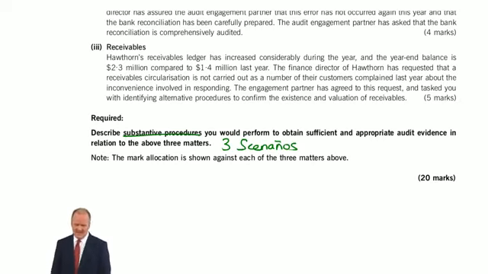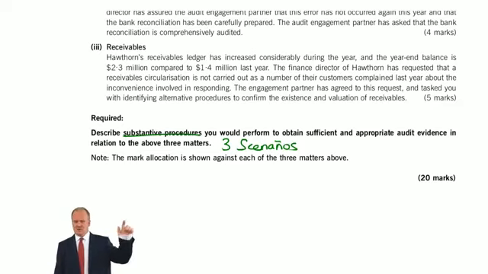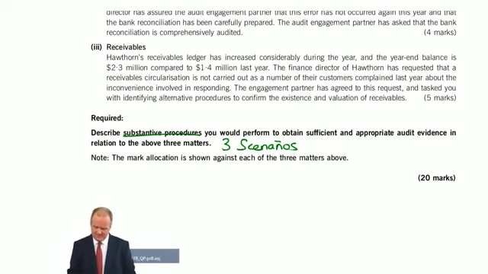Great. The engagement partner has agreed to this request. Well, there's one test you're not going to get a mark for then. You can't ask the customers. And tasked you with identifying alternative procedures to confirm, assertions coming, existence and valuation of receivables.